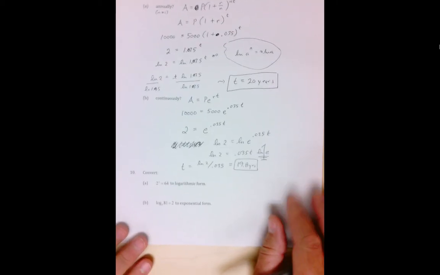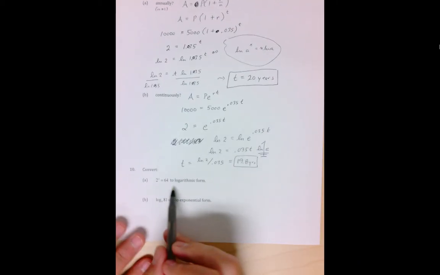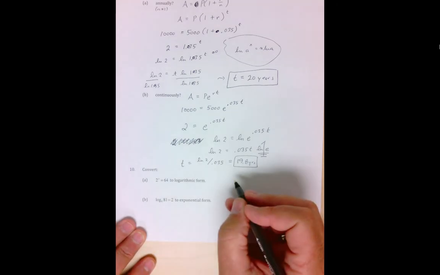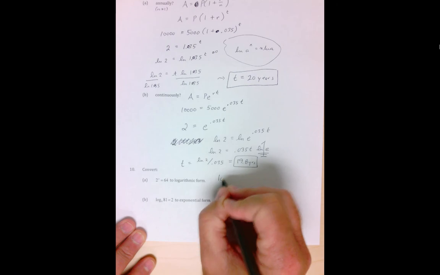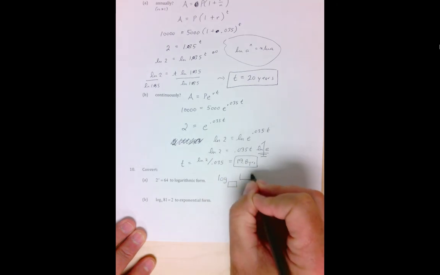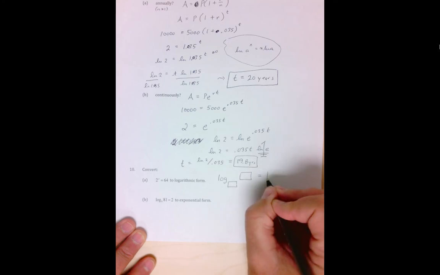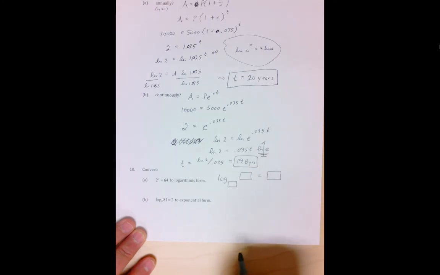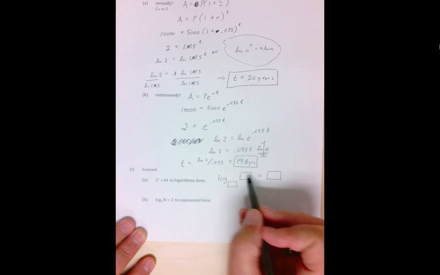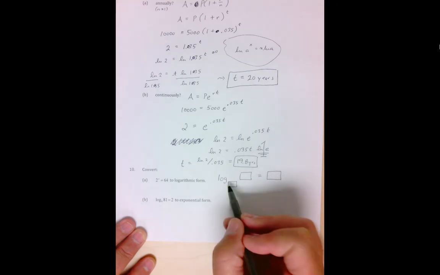All right, gang, last problem on this. Convert this exponential form to logarithmic. So guys, remember, we have three things here. We have log base b of the number that it takes to raise the base to the power to get.